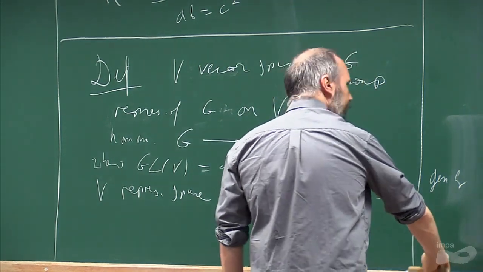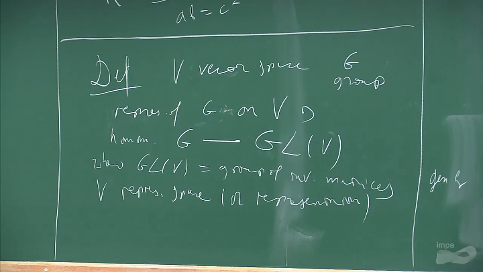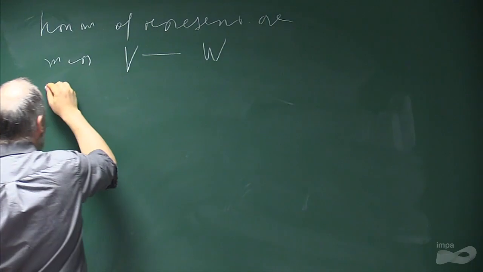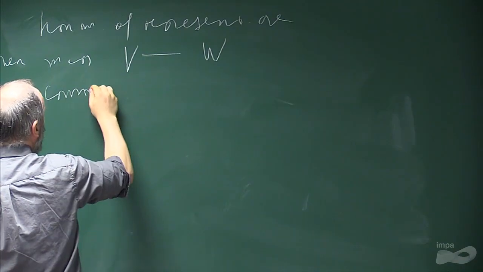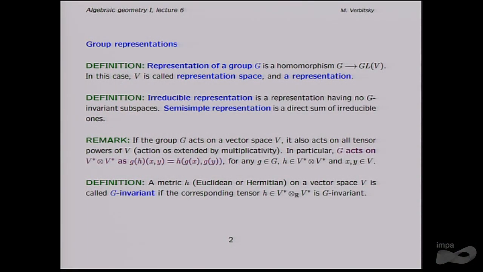Now we're interested in sub-representations. This is a category. The homomorphisms of representations are maps which commute with G actions. So homomorphisms of representations are linear maps V to W commuting with G action.